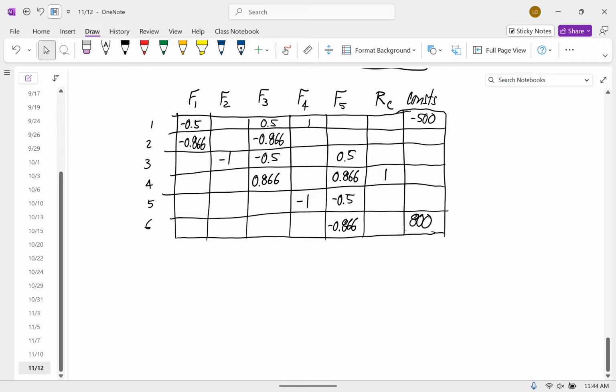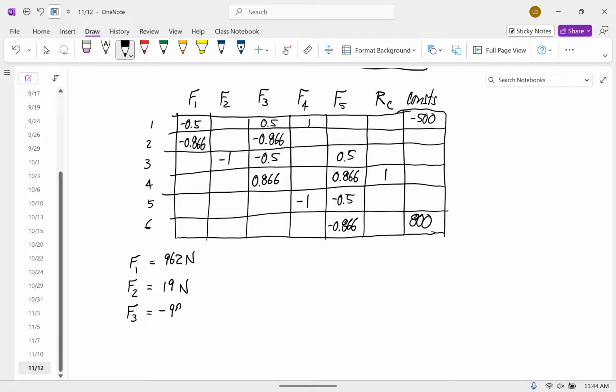So I got F1 is 962. F2 is 19. F3, anyone get this stuff?